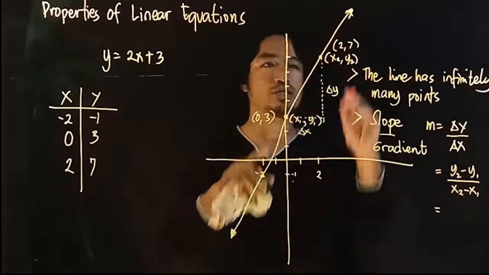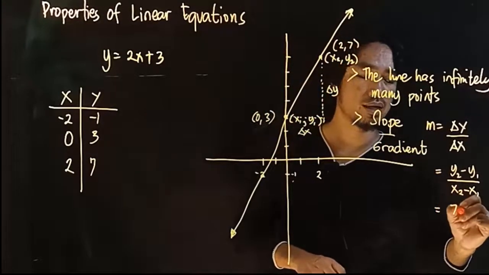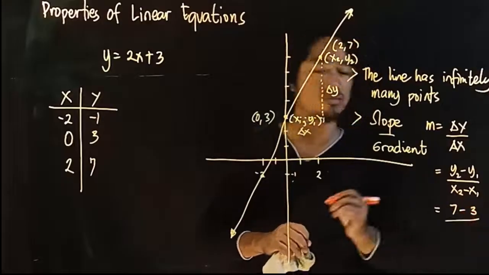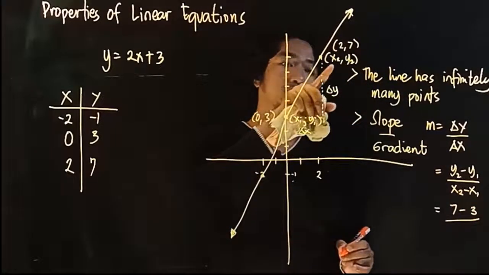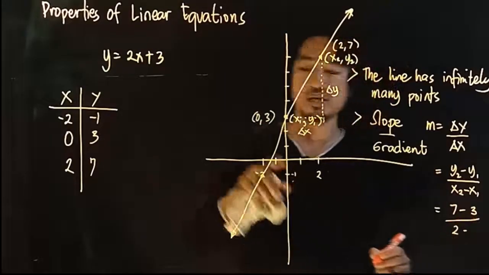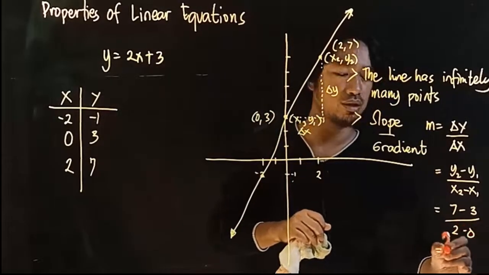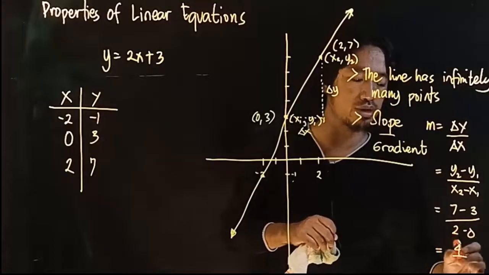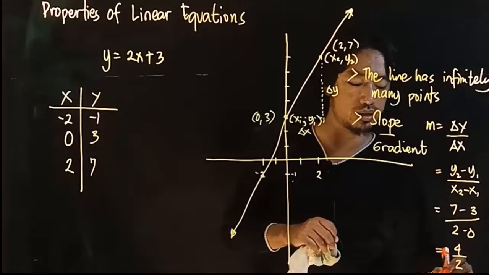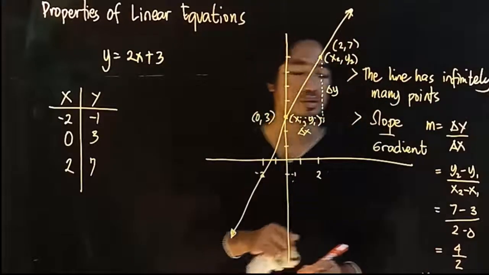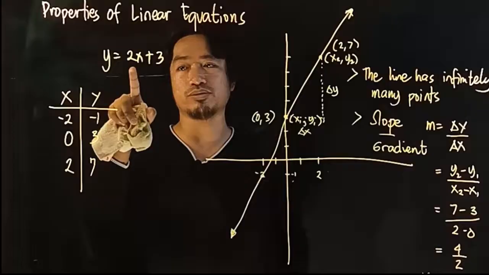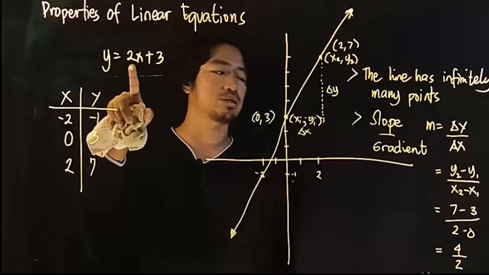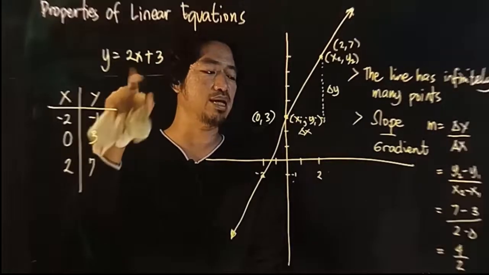Given these points, y2 is 7 minus y1, which is 3, divided by x2, which is 2, minus x1, which is 0. Therefore, the slope is 7 minus 3, which is 4, divided by 2 minus 0, which is 2, and the value of the slope is equal to 2, which is actually this value. So this parameter of the equation is the slope of the line.